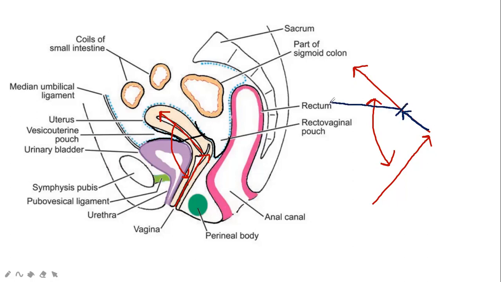When the body of the uterus bends forward, we have two axes. One axis continues there, that is the axis for the cervix, and another axis is the axis for the body of the uterus. That is what we call anteflexion. Let me put out this point so you can see what I'm talking about. Anteflexion. So this is what I'm saying.